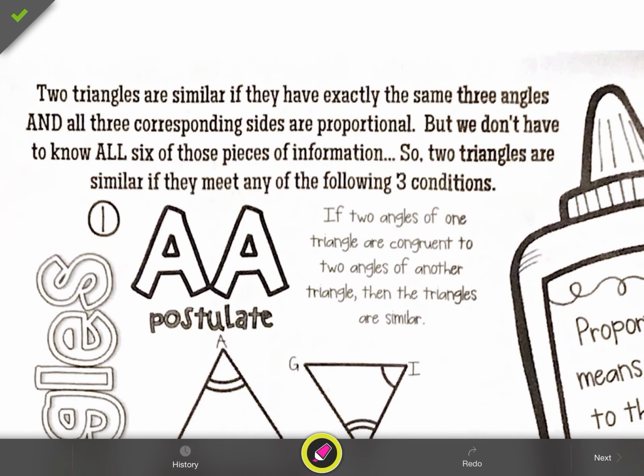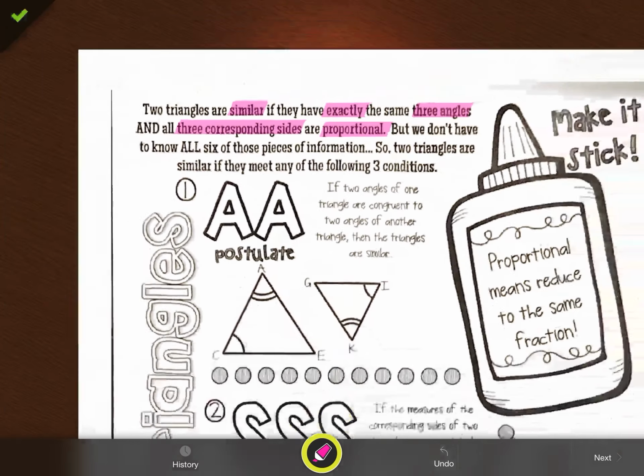If two triangles are similar, then they have exactly the same three angles. Okay, so they have three pairs of congruent corresponding angles, and all three corresponding sides, now here's where it's different than congruent triangles, are proportional.